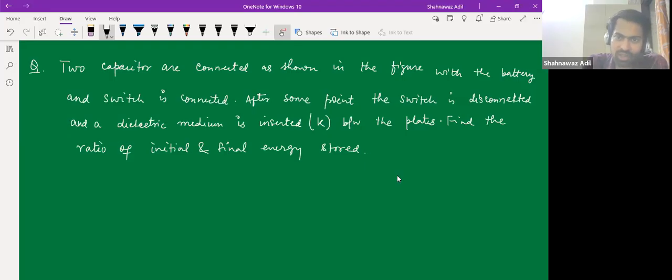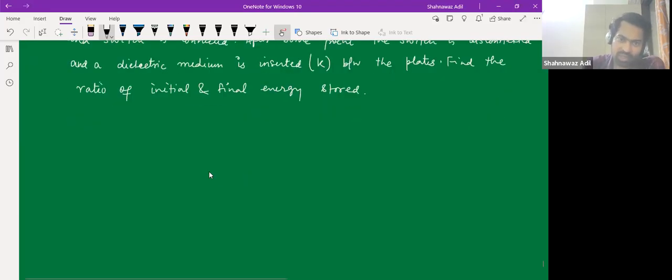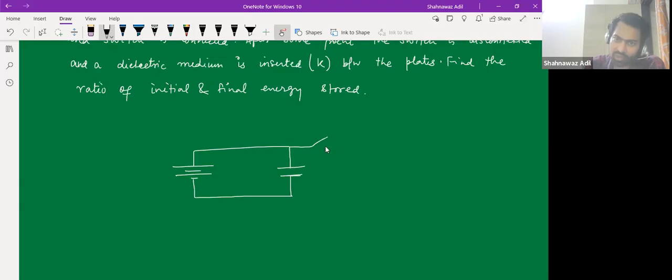So we have this capacitor, right? This is the battery, and the capacitor is connected like this, and we have this switch, and firstly this is connected.